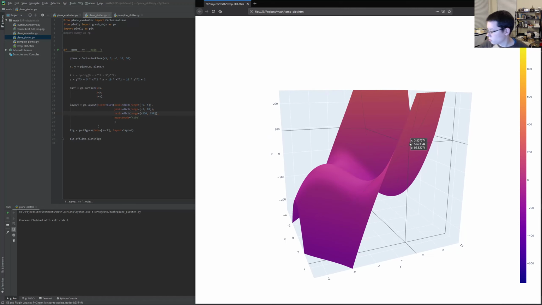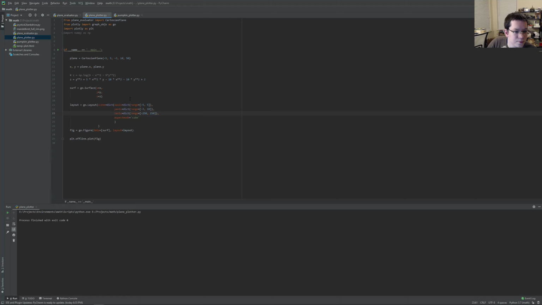It's not better. I'm cheating to make the colors work better. Clip negative 260 to 260.